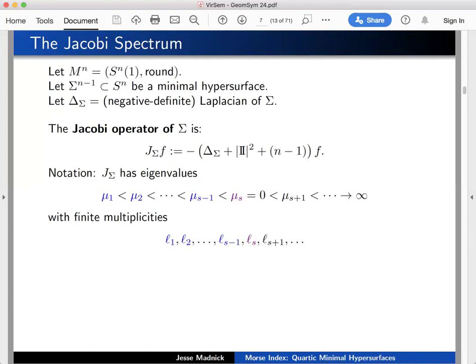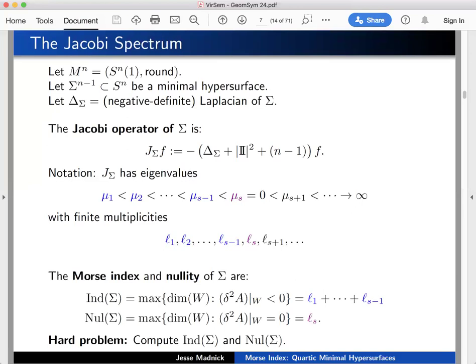I'm going to denote the eigenvalues mu_1, mu_2, up to mu_s. So mu_s will be 0, and then the positive ones are mu_{s+1}, etc. And moreover, their multiplicities are finite. So we'll let L_1, L_2, up to L_{s-1} denote the multiplicities of the negative eigenvalues, L_s the multiplicity of the 0 eigenvalue, and so on. Oh, and I should say that my convention is that the Laplacian is negative definite.